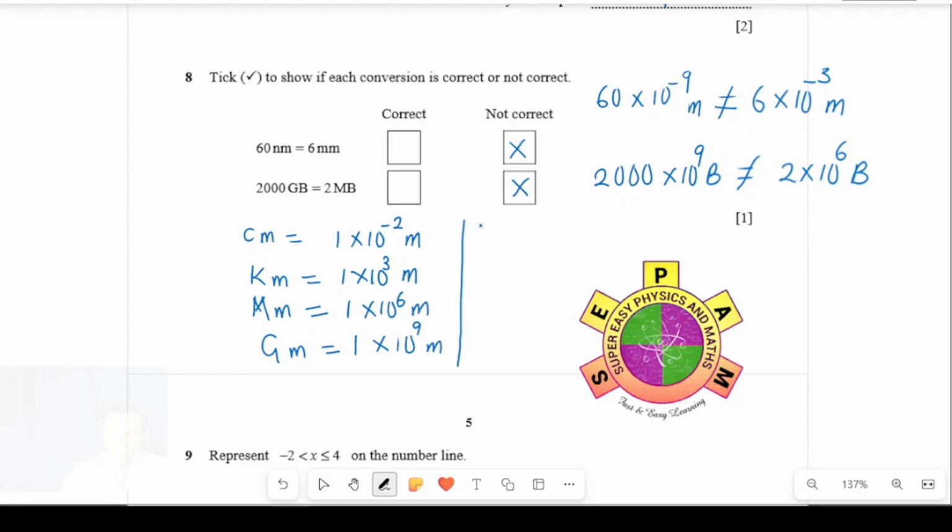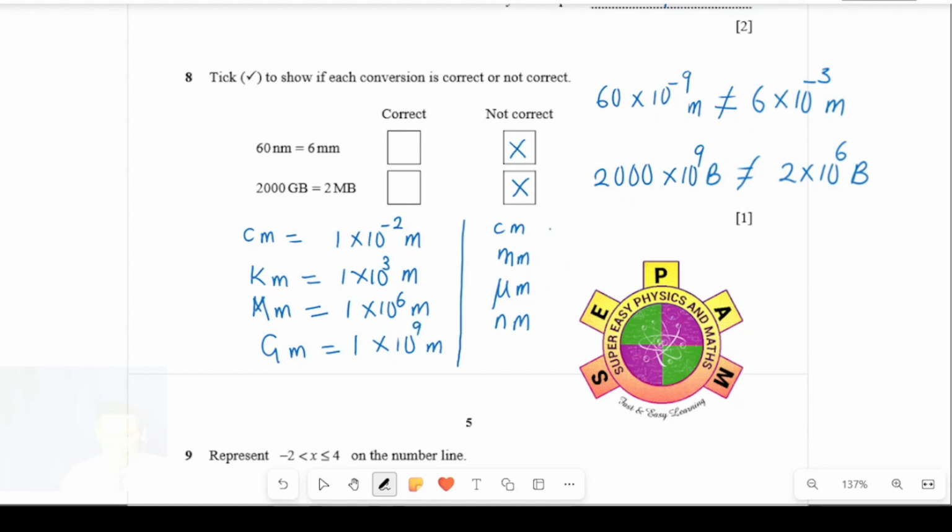Then for subunits, you have centimeter, 10 raised to power minus 2. Then you have millimeter, 10 raised to power minus 3. Then you have micrometer, 10 raised to power minus 6. You have nanometer, 10 raised to power minus 9.